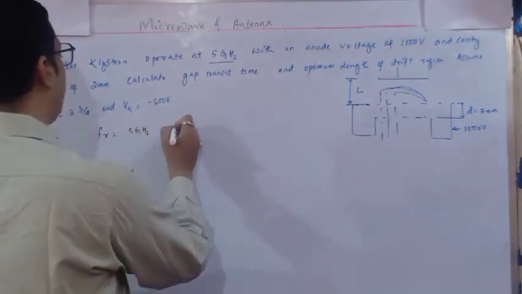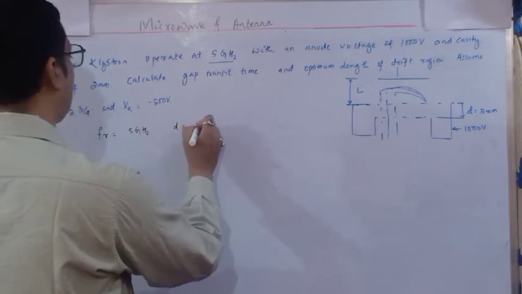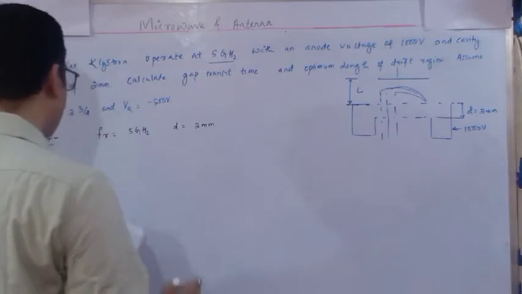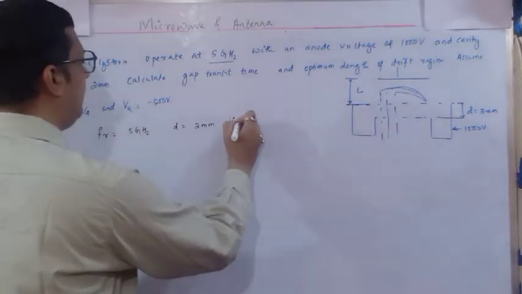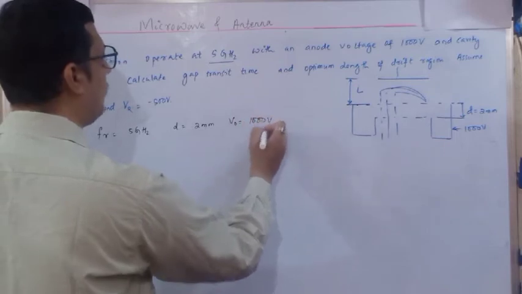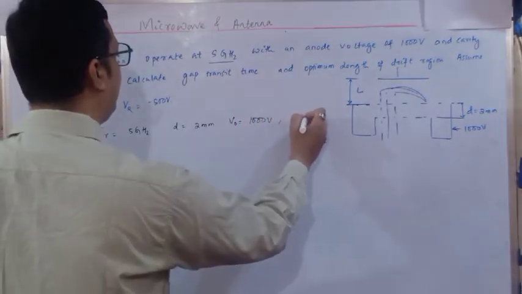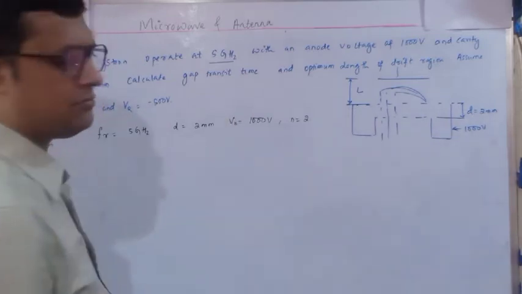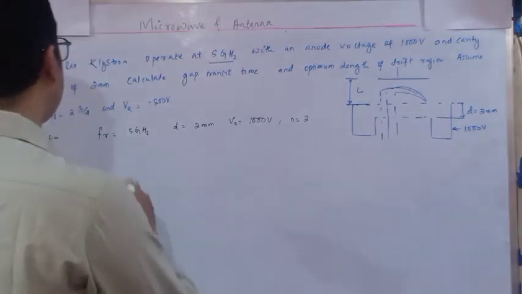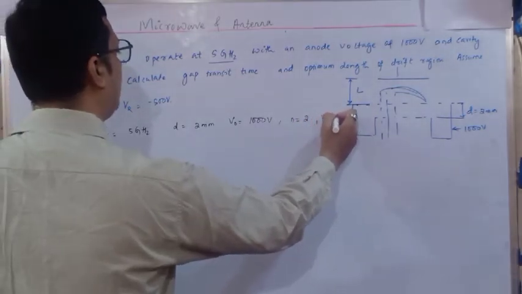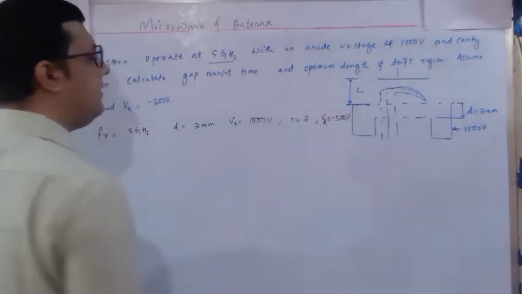Then the gap is given as 2 millimeter gap space, and DC beam voltage or the anode voltage is 1000 volt, and the peak number of mode n equals 2. So these are the values that are given, as well as the repeller potential VR is minus 500 volt.